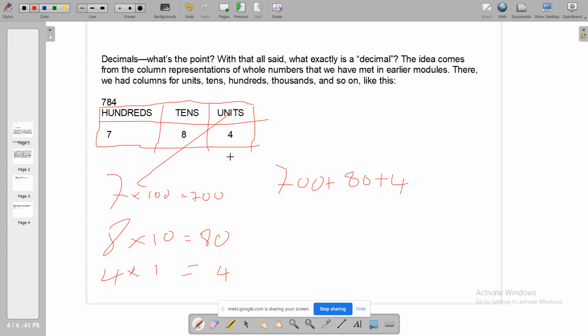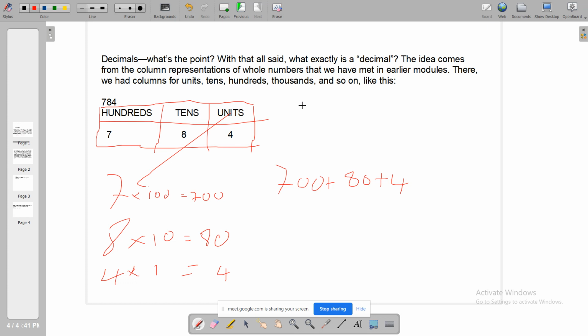So you can see 700, this is the position. We are always conscious of the position. In decimals, we also apply the same concept. So that's what I want us to move to.